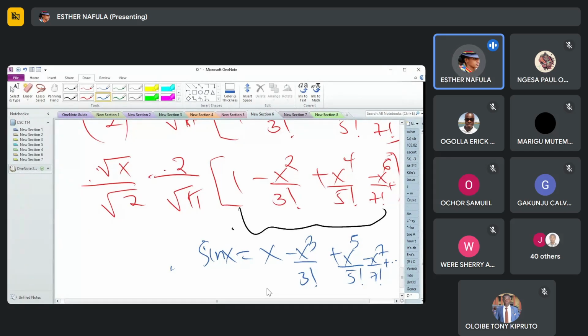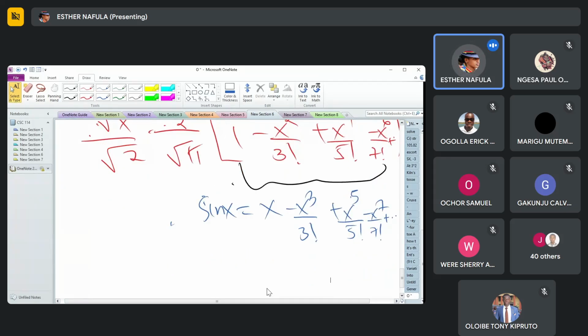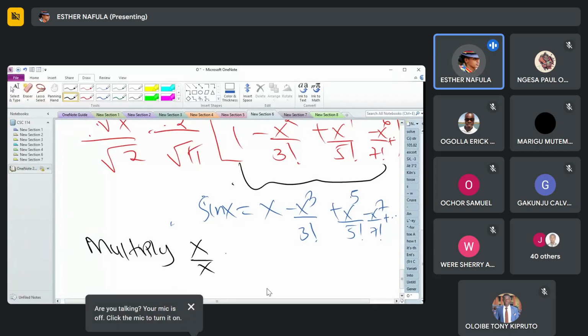So we only need to multiply by x to make it the sine series. But if we just multiply by x, we'll be altering our solution. So we multiply by x and then divide by x. In other words, you are multiplying by a clever one: x divided by x, which is equal to 1.